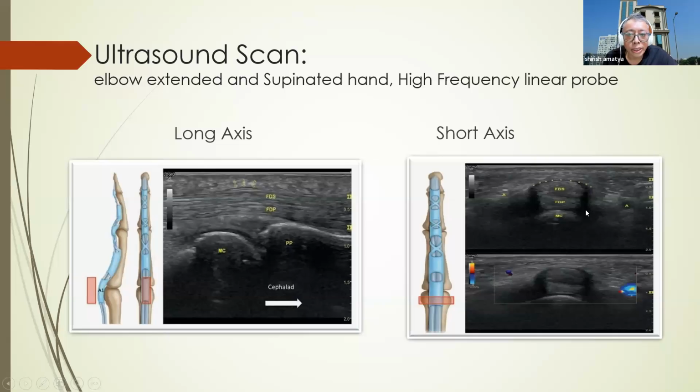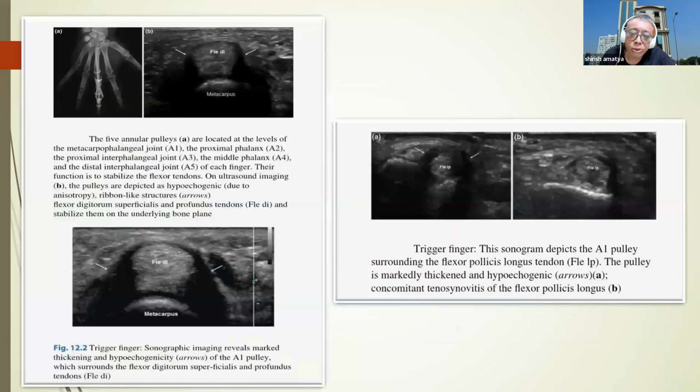Coming to the next slide, here are some pathological pictures that I have included. On the left upper side is the normal pulley, arching over the flexor digitorum tendons. In the lower picture, the anechoic part has been thickened, and there is a markedly enlarged anechoic triangular area.